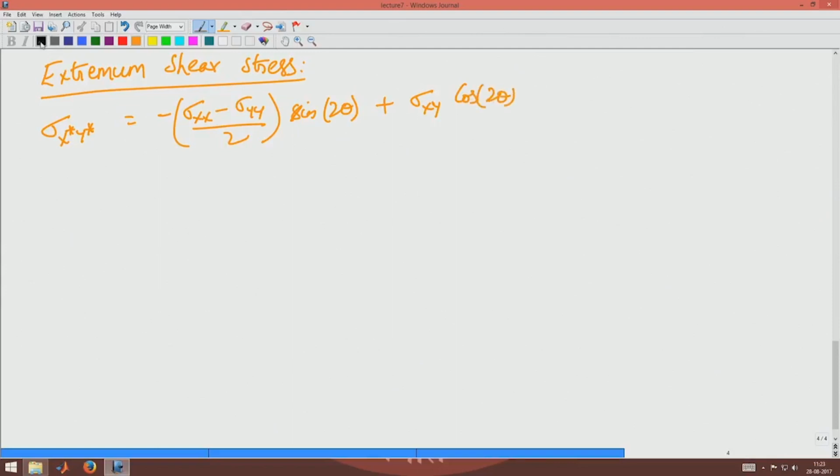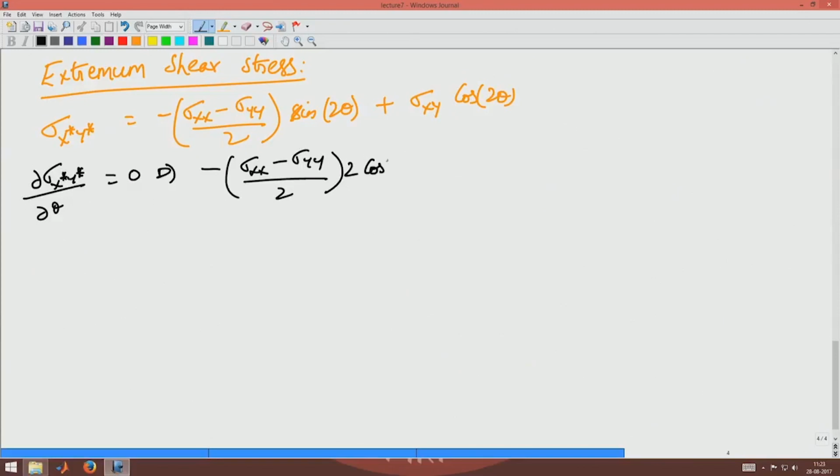To get the extremum shear stress, I have to differentiate sigma x star y star with respect to theta and equate it to 0, which will give me minus sigma xx minus sigma yy by 2 times 2 cos 2 theta minus 2 times sigma xy sin 2 theta to be equated to 0.